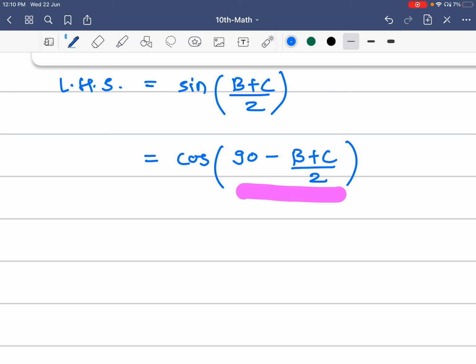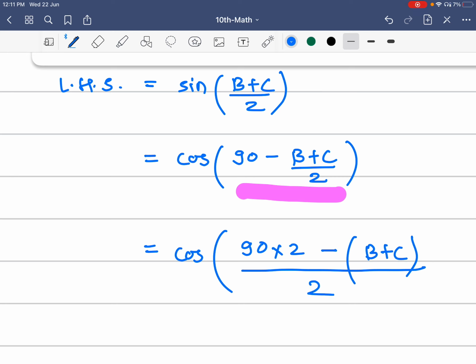So that is equal to cos of, this bracket is as it is, 90 into 2 minus, now remember that this is minus of B plus C together. So better to put a bracket, so I'm going to just say minus (B plus C), and then this whole divided by 2.